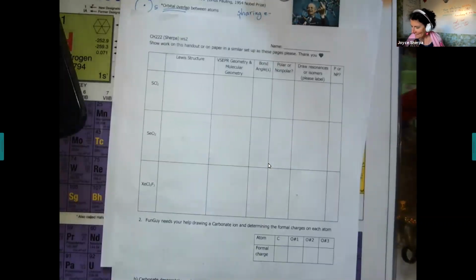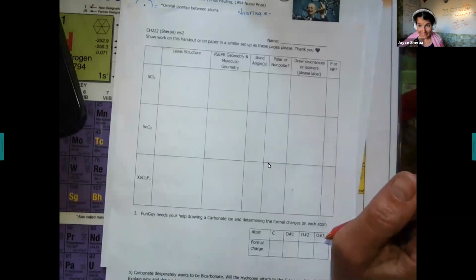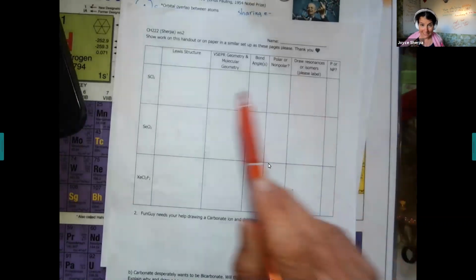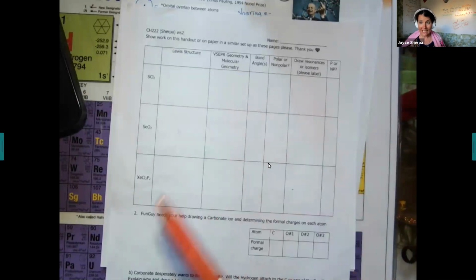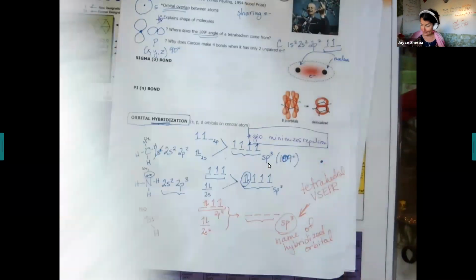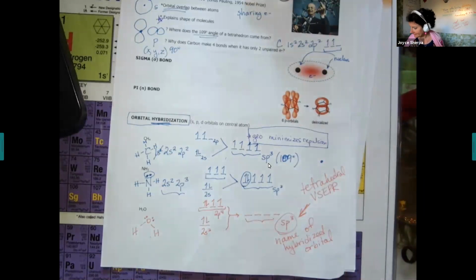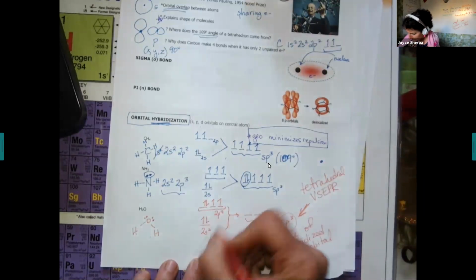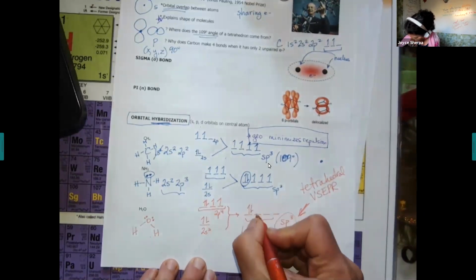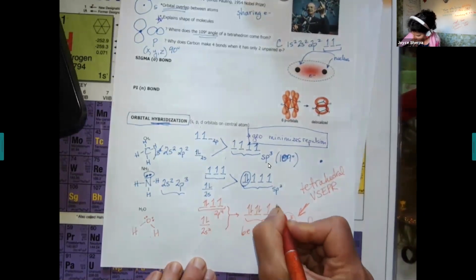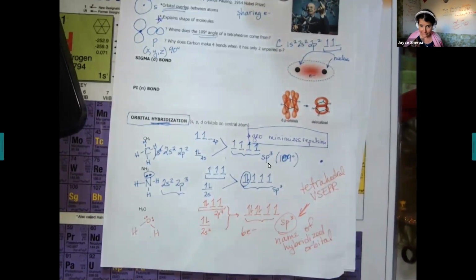But anyway, the worksheet is going to have another column instead of just VSEPR and bonding or polar nonpolar. It's now going to say hybrid orbital, and that's where we would be writing this in. So when it hybridizes, we have 6 electrons. That's how we would show the 6 electrons now.